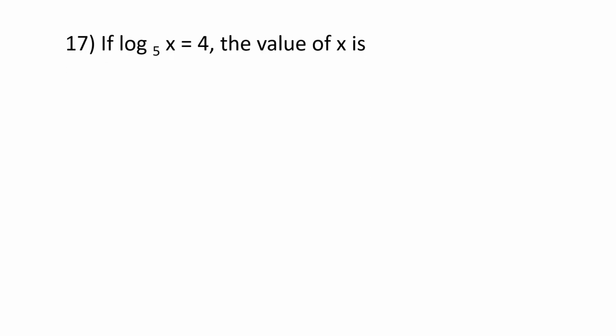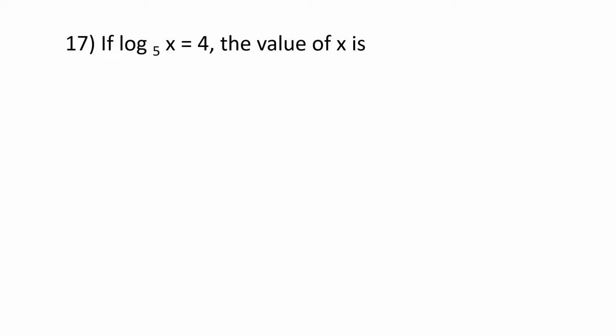Question number 17. If the logarithm of x to the base 5 is 4, you want to find the value of x. It is easy for you to convert it into the indices form. The base is 5, the index is 4 and the value is x.